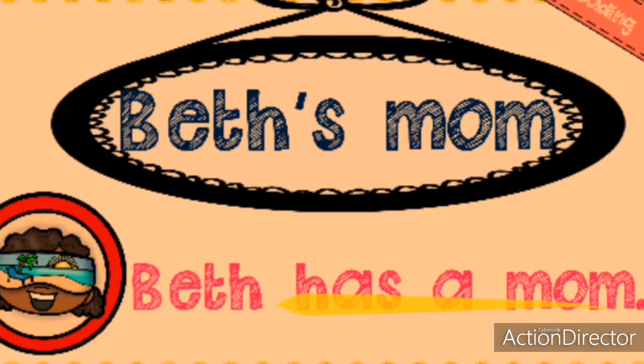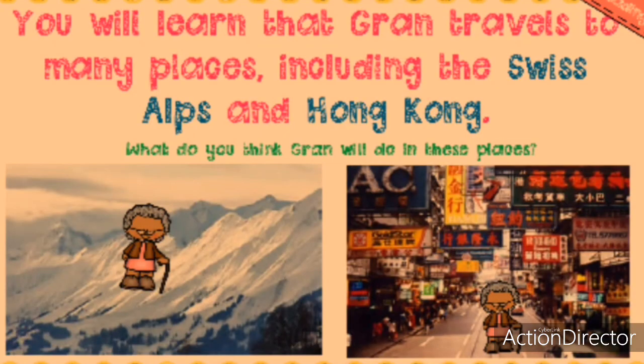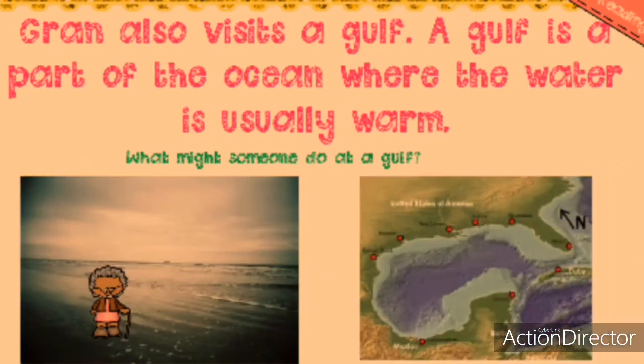Now in the story of Gran's Trips, you will learn that Gran travels to many places, including the Swiss Alps and Hong Kong. What do you think Gran will do in these places? Gran also visits a gulf.